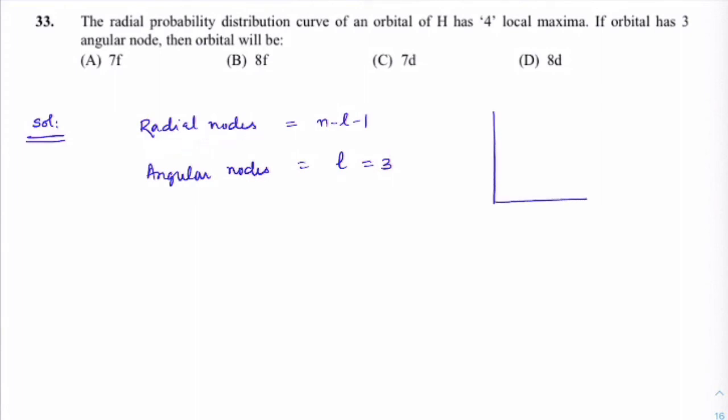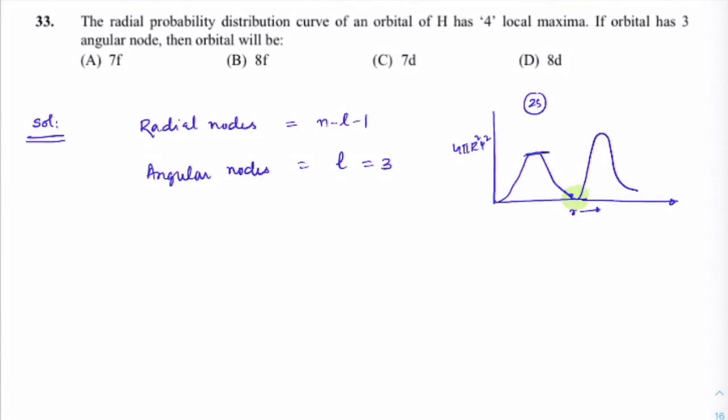For instance, if I write it for 1s, you know that 4 pi r square psi square versus r would come this way. Always one maxima represents there are no nodes here. Only if you have two maxima, let's say if I write it for 2s, then it would touch and come this way, which means if there is one node, there has to be two maxima.